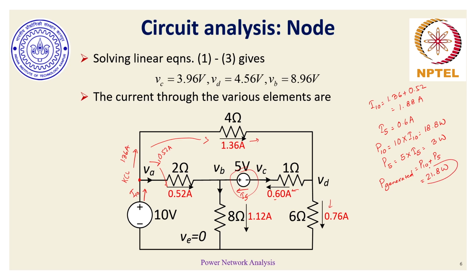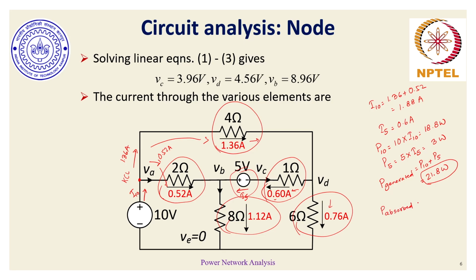Please check that the same quantum of power is also being consumed by these resistors which are carrying this amount of current. Please verify that. For a given resistor, if the current is known, then the power absorbed is nothing but I square into R, where I is the current through the resistor and R is the resistance value itself. So if we want to find the power consumed or absorbed by this particular 4 ohm element, it would be 1.36 square into 4 watts.